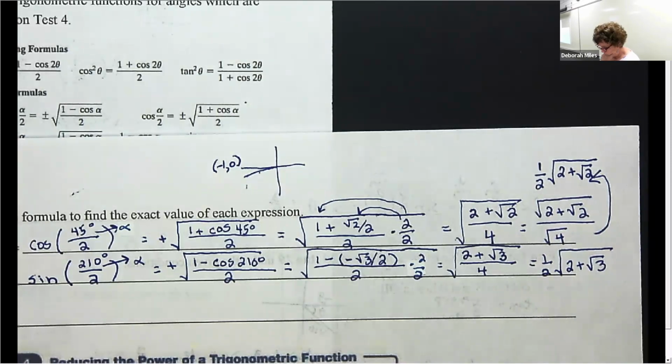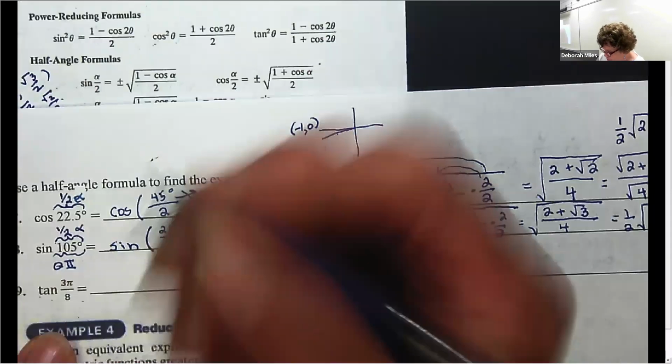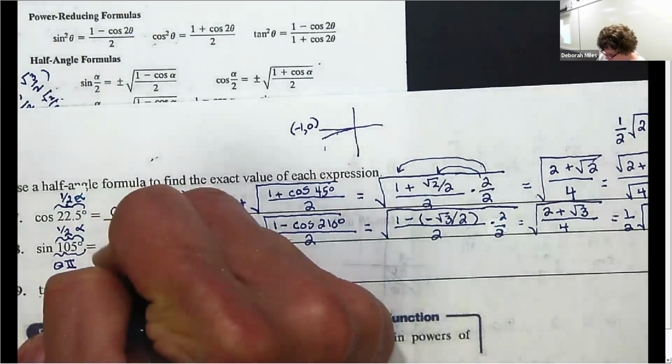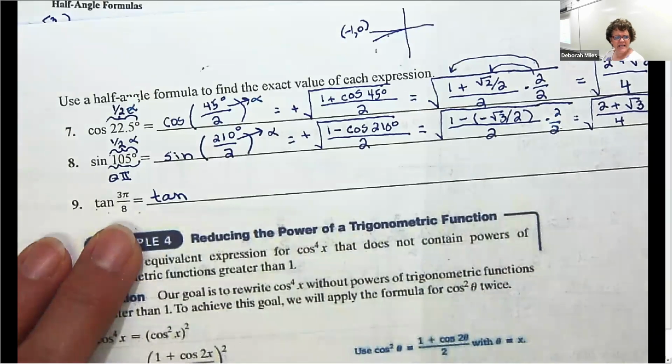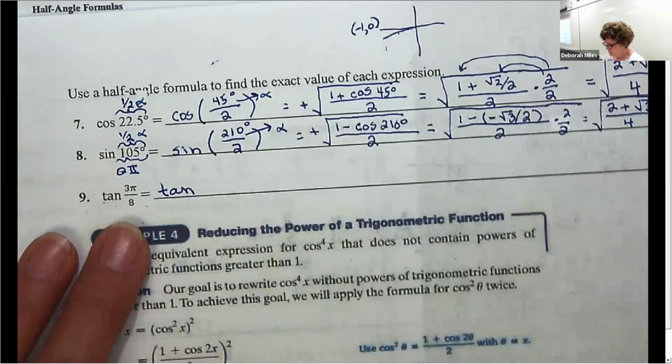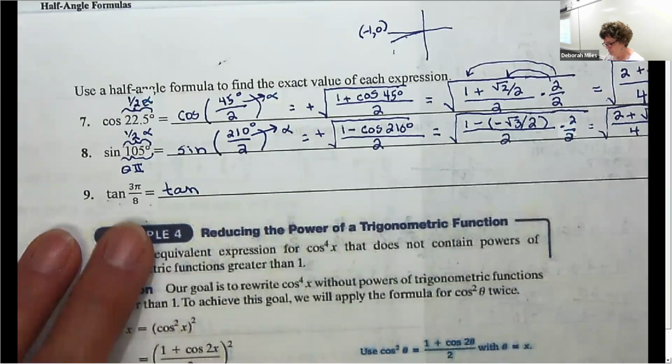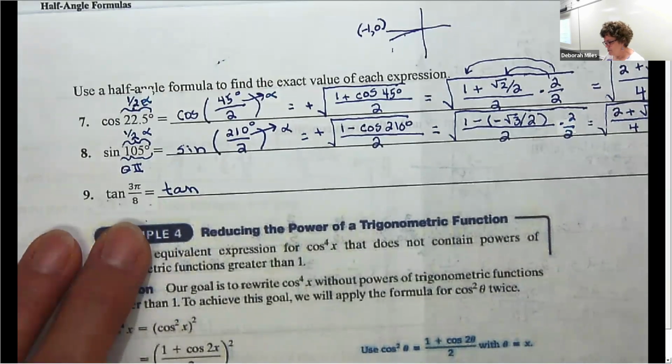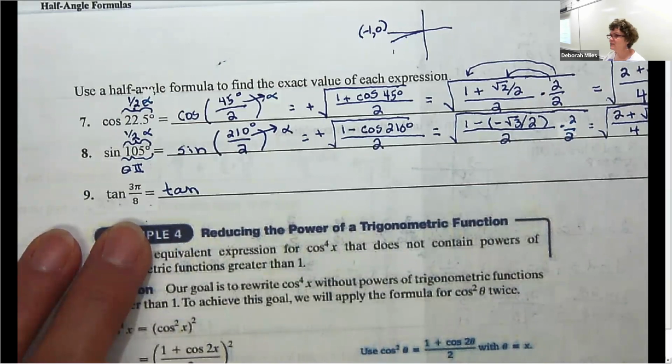All right. Oh shoot, we have 4 minutes left. Let me just do this for you. What is 3/8 half of? 3/8 is half of 6/8. That's right. And what is 6/8 reduced to?